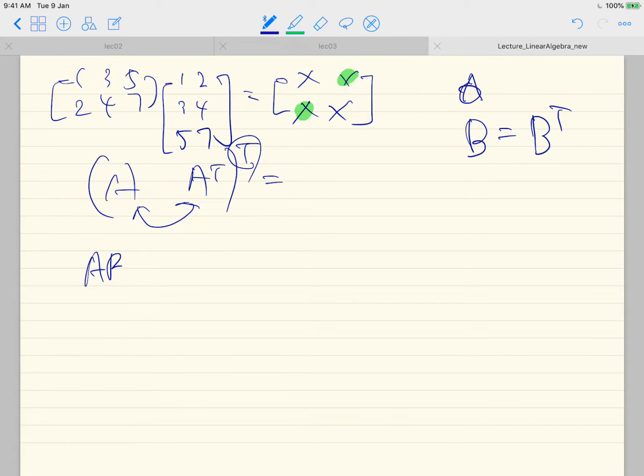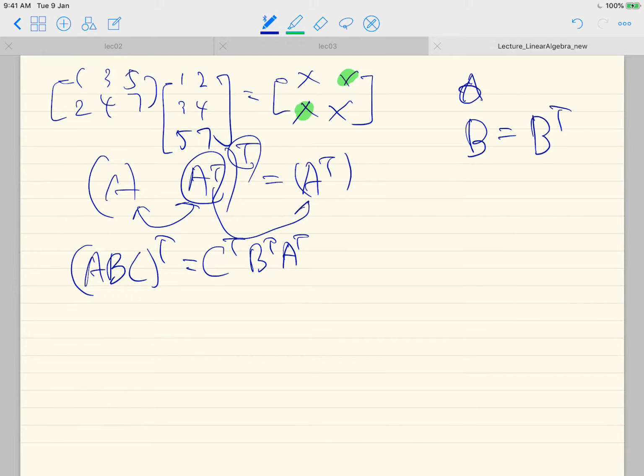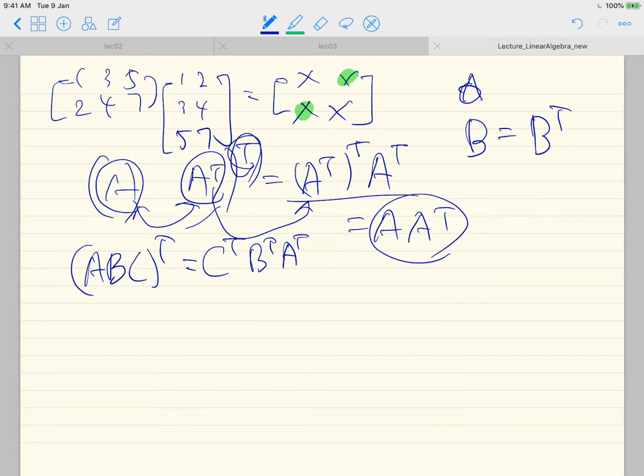For example, in general, ABC transpose will be C transpose, B transpose, and A transpose, right? So it will be A transpose because this one comes first, and then this one follows, and apply this transpose operator like this, and thus it's AA transpose, which is the same as this guy. And that way we can easily prove that this is symmetric.